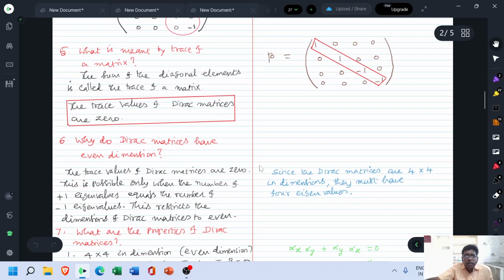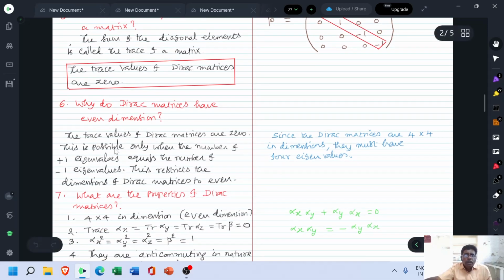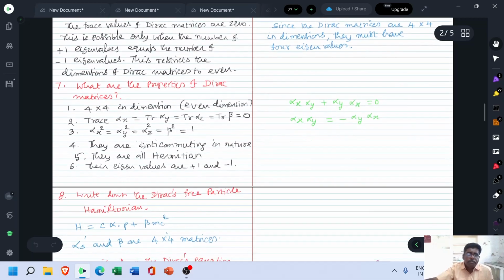We know that the trace of alphas and beta values are 0, therefore the number of plus 1 eigenvalues should be equal to the number of minus 1 eigenvalues. The smallest possible even dimension is 2 by 2, but here we are using 4 operators, alpha x, alpha y, alpha z and beta. Therefore the Dirac matrices are 4 by 4 in nature, that is even in dimension.